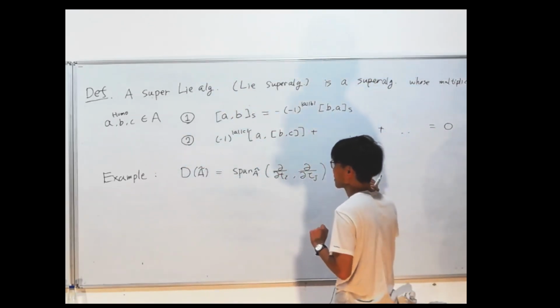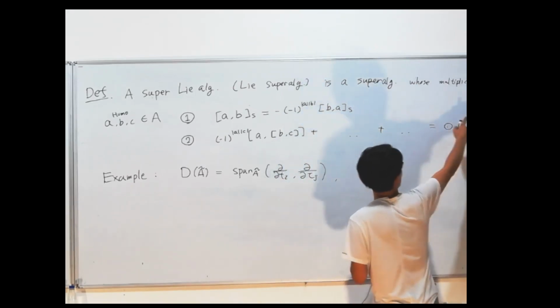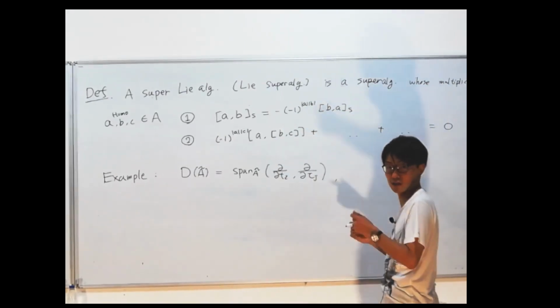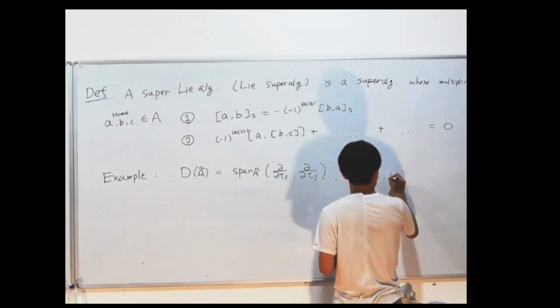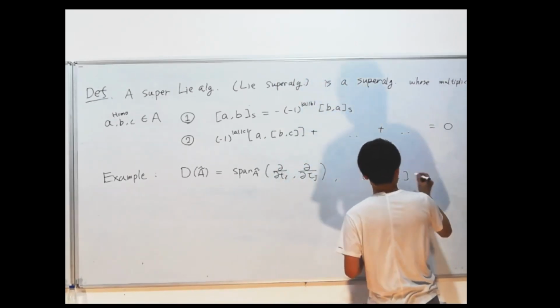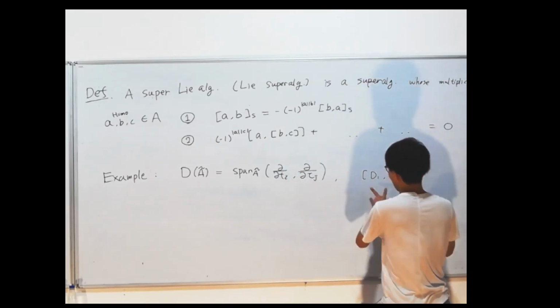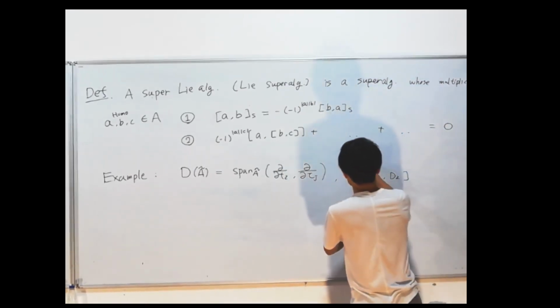Right, and then in particular, you can have this Lie bracket expressed as follows. If you define D1 and D2, again, they are homogeneous elements. Okay, good, I didn't forget.